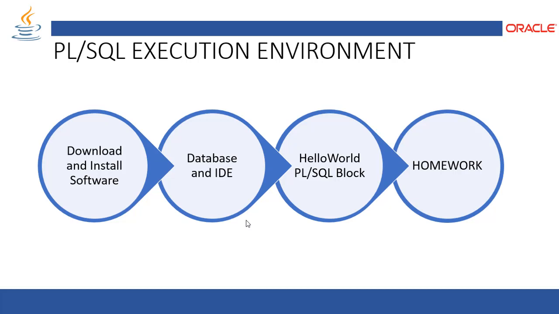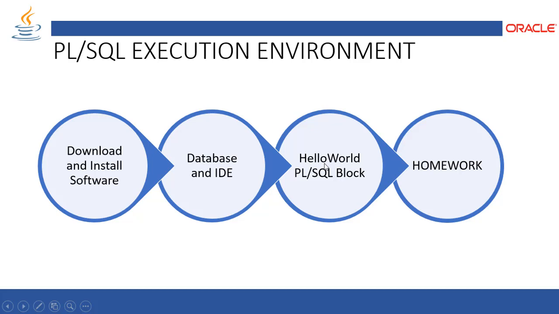Now, for the PL SQL execution environment, we need to have some applications downloaded and installed on your system to see how it executes. One of them is a database server. I suggest Oracle Express Edition database server 11G, which is available on oracle.com, and an IDE, Integrated Development Environment. I suggest SQL Developer, which is available on oracle.com.